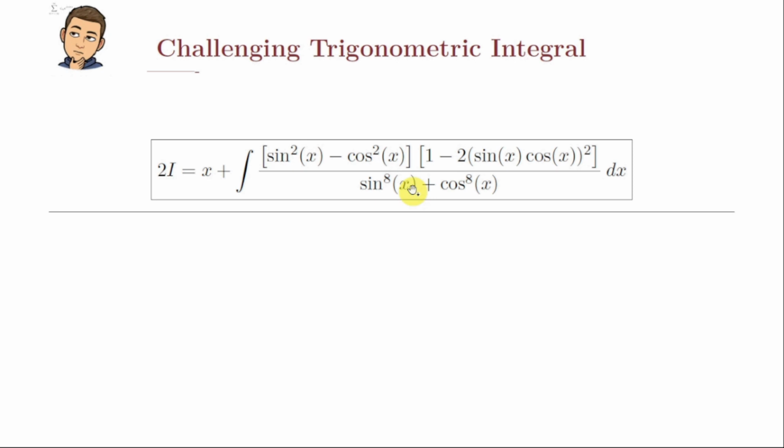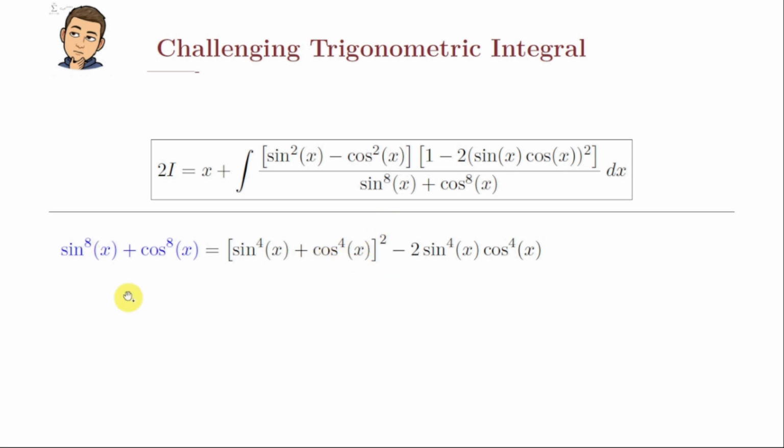Now let us simplify the denominator. Similarly as before, sine power of 4 plus cosine power of 4, squared, will have sine power of 8 plus cosine power of 8, but it will also have 2 times sine power of 4 cosine power of 4, so we have to cancel by this.